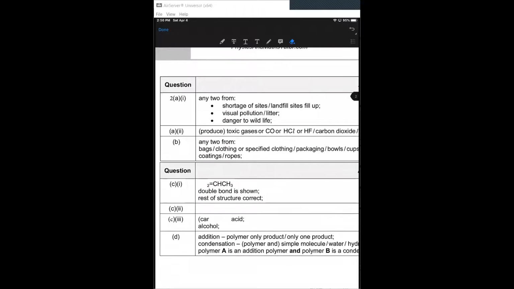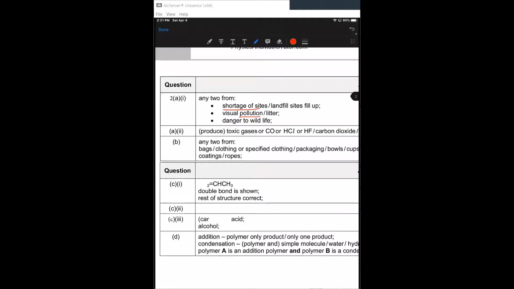Okay, question number 2. It says synthetic polymers are disposed of in landfill sites and by burning. Describe 2 problems caused by disposal of synthetic polymers. So, shortage of landfill sites. When burned, it produces toxic or poisonous gases.